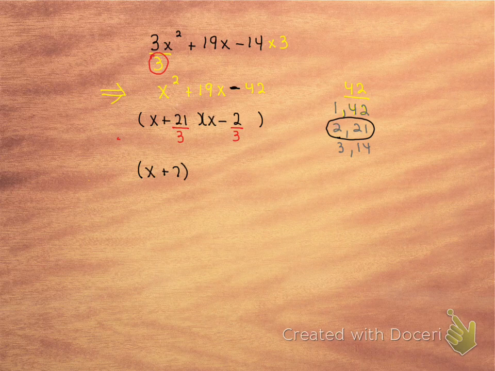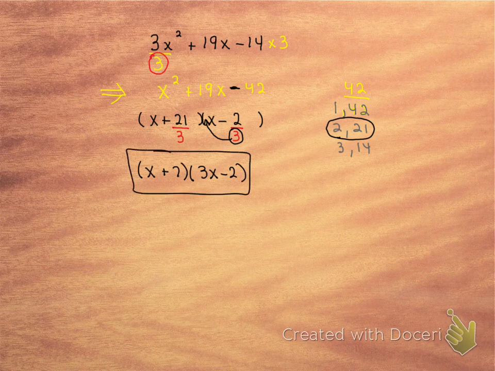No fraction anymore. So we don't have to worry about a denominator. But x minus 2/3, that cannot be simplified or reduced any more than it already is. And because we don't want that 3 in the denominator, we're going to take the 3 and just stick it in front of the x. And we are done. Okay?